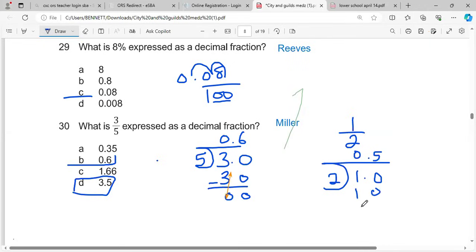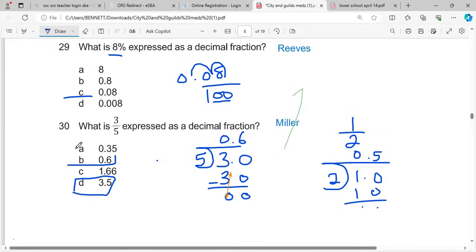Sir, can I add something? Yeah, add it, please. Sir, for 29, the person who asked the question, it says 8% and it doesn't have a denominator. You should put it over 100, because percent means out of 100.